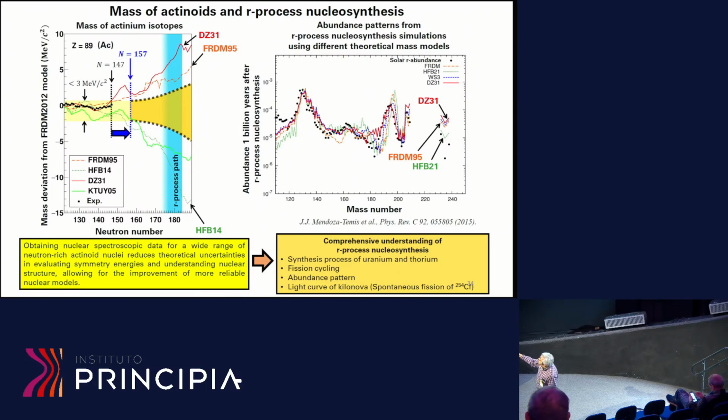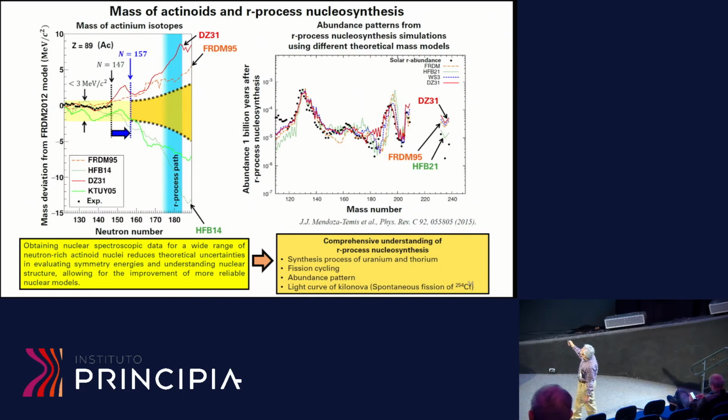However, beyond such experimental data, the theoretical models give large deviations. It is mainly due to the uncertainty of the asymmetry energy for such a high neutron ratio compared to protons. So we could measure the actinium masses up to N equals 157, and in this case we could reduce the mass uncertainty around the r-process path regions.